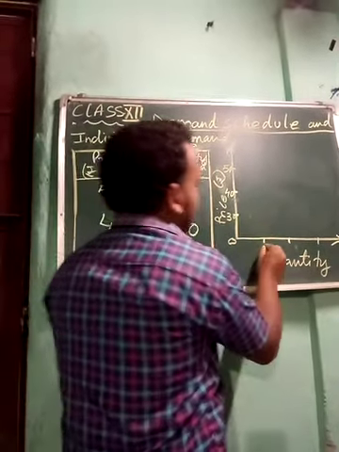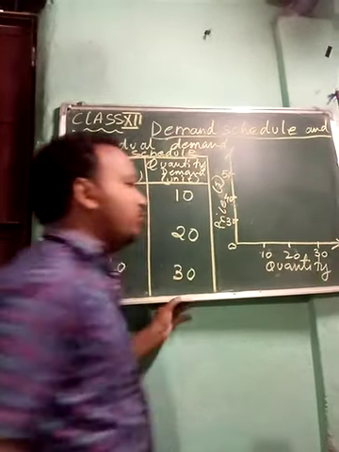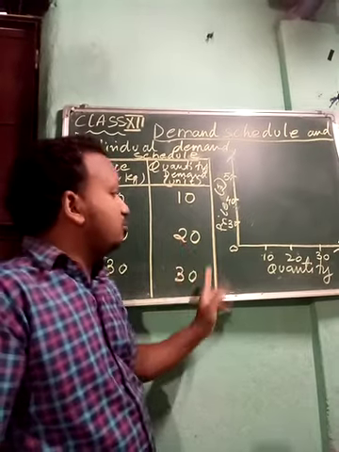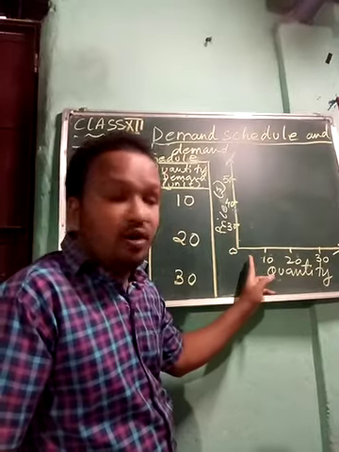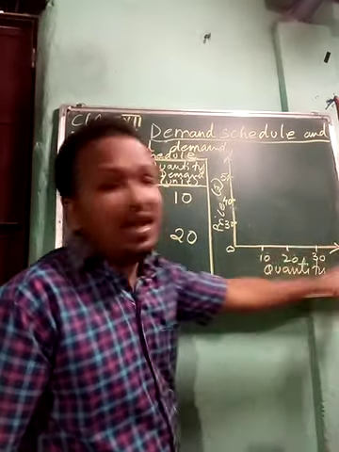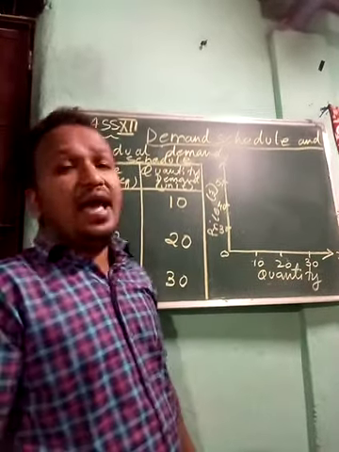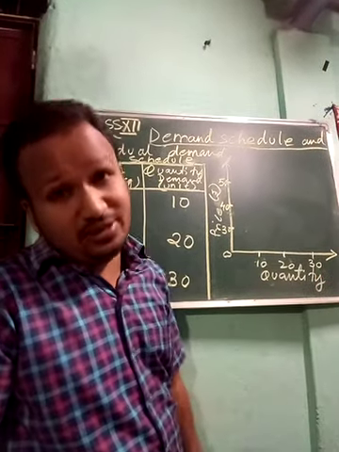So please don't take 30, 20 and 10. Both on the y-axis and on the x-axis you have to follow ascending order, that is increasing order, not decreasing order.